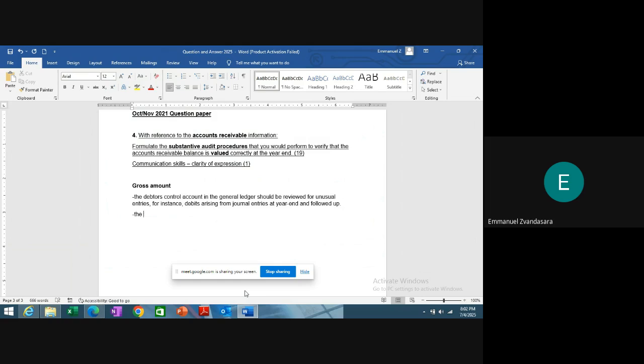Number two, the total on the list of individual debtors' balances should be traced to the debtors' control account in the general ledger and the trial balance. Sorry, I think I made a mistake.